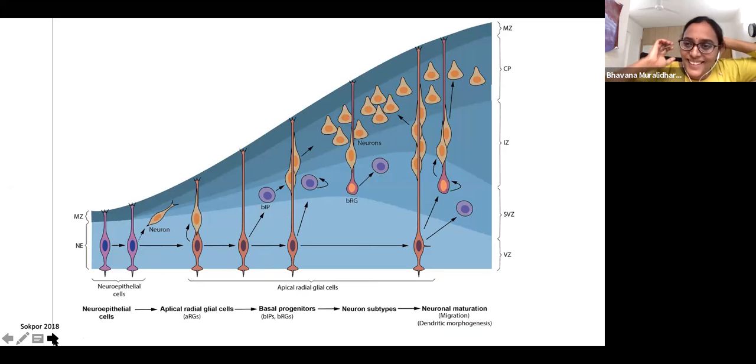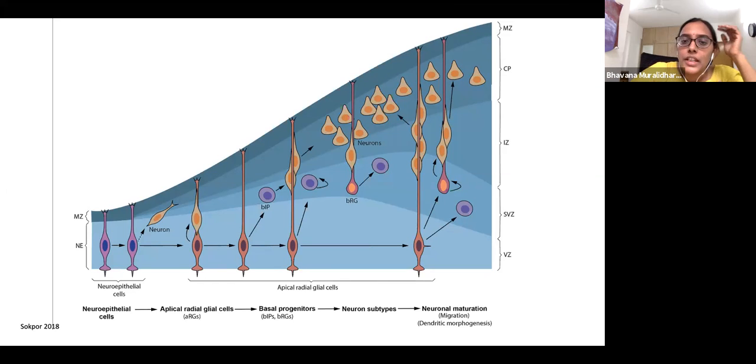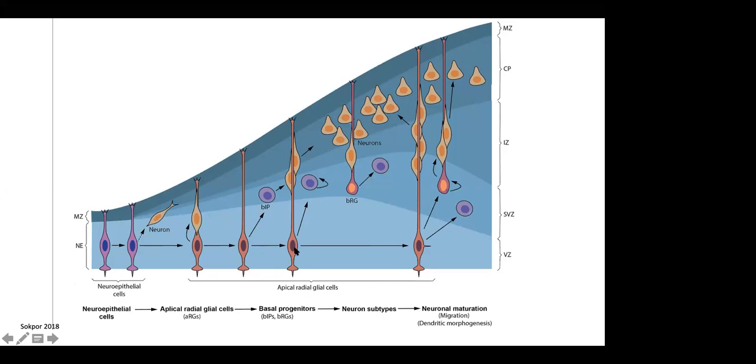Yes, definitely, Sonia. So I guess one thing would be, is it trying to escape some sort of a niche that forces it to divide symmetrically? Niches are very well studied in Drosophila. I'll come to what is understood about what guides the division. If you block that division, they undergo more symmetric division.